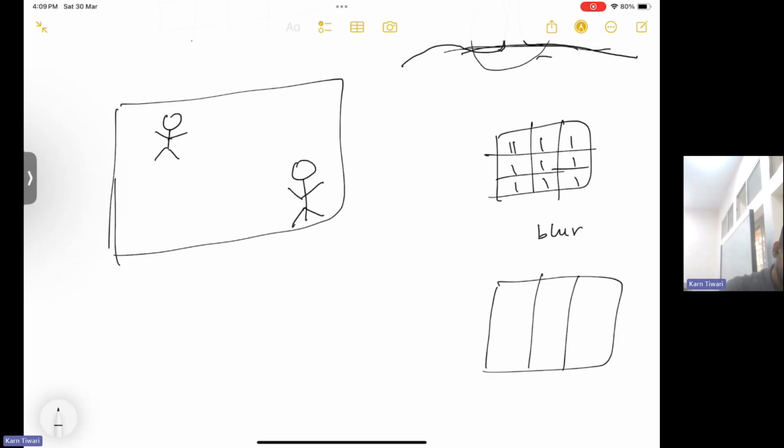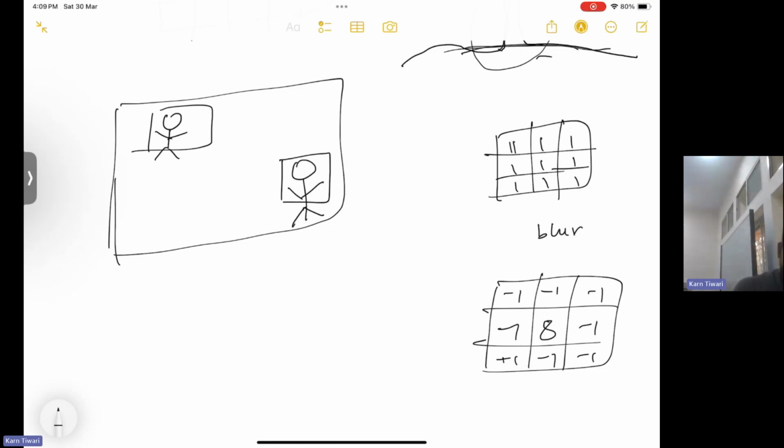If you take something like this, 8 and minus 1, overall the value is 0. This kind of filter is an edge detector. So if I place my filter over here, on this man, and if I place my filter over here, I would have taken a different filter for the different position. But that is not good actually.